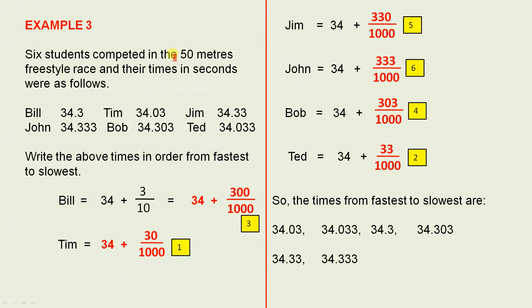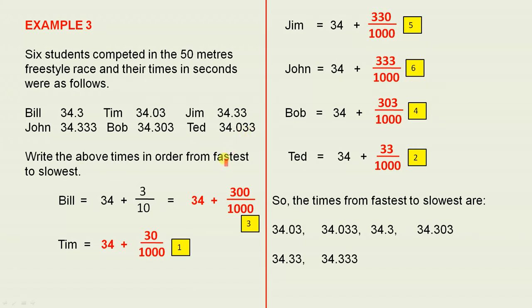Example 3. 6 students competed in the 50 metres freestyle race, and their times in seconds were as follows. Bill was 34.3, Tim was 34.03, Jim was 34.33, John was 34.333, Bob was 34.303, and Ted was 34.033.